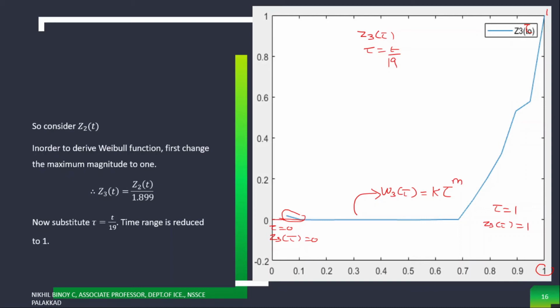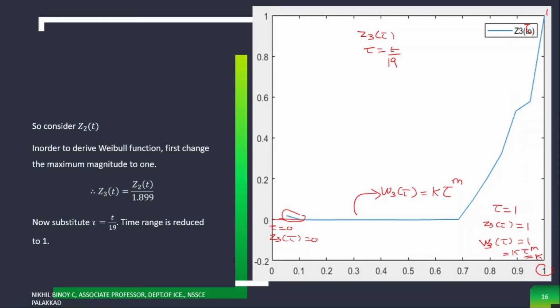At this particular point, W3 of tau is equal to 1. W3 of tau is k tau raised to m. So at this point tau equal to 1, this is equal to k. So what is the value of k?